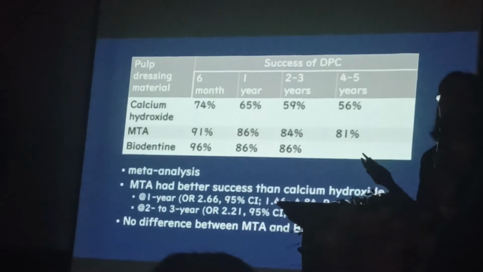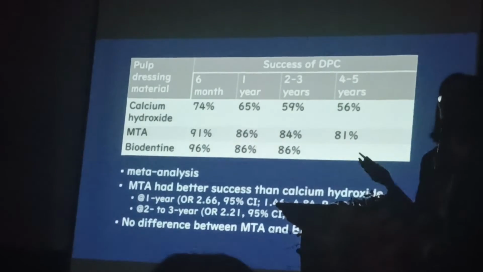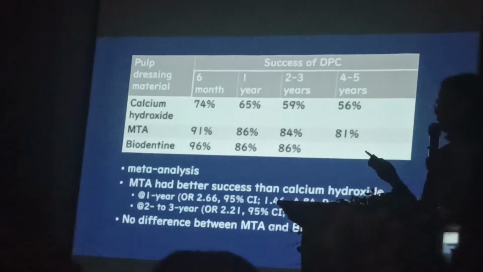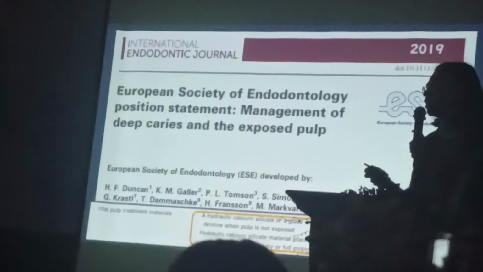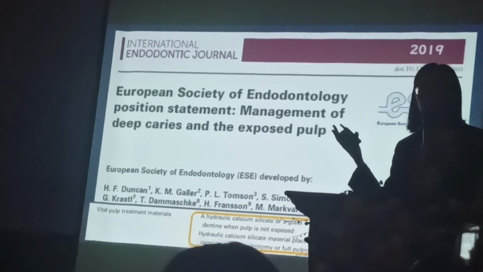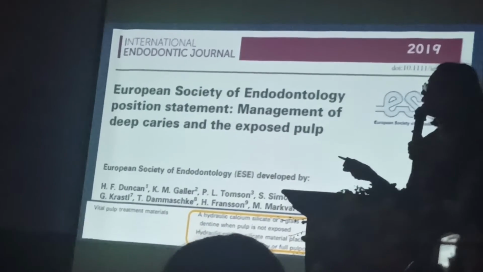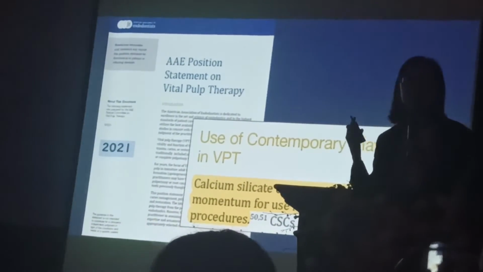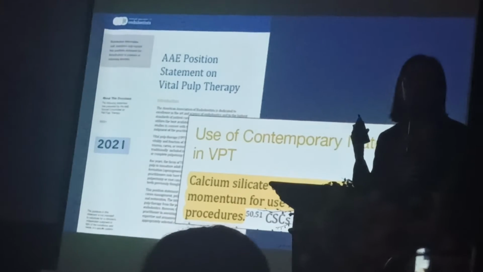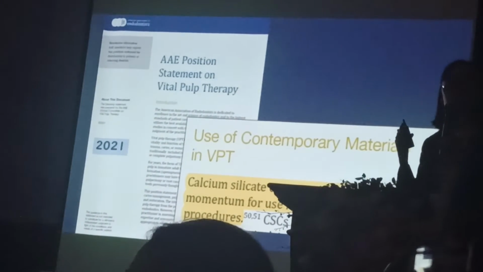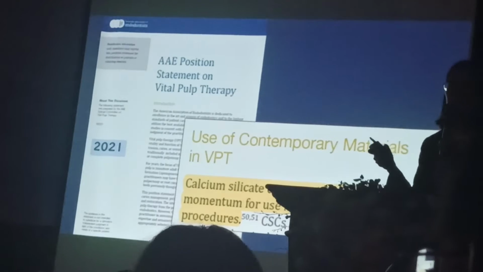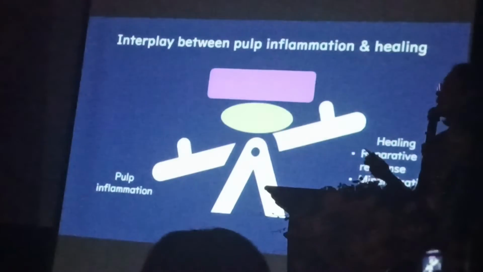Some studies show like 2 times better. Some studies show 3, 4 times better. So there's no question about it. No wonder ESE and AAE now agree, from this point of view, that only calcium silicate cement should be recommended right now.